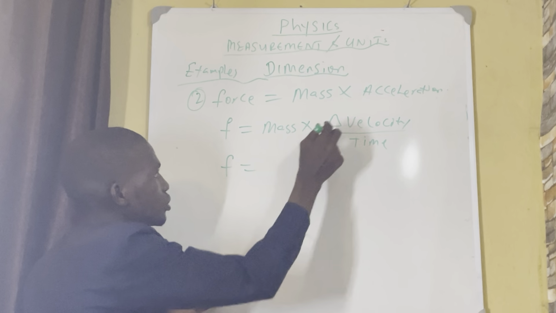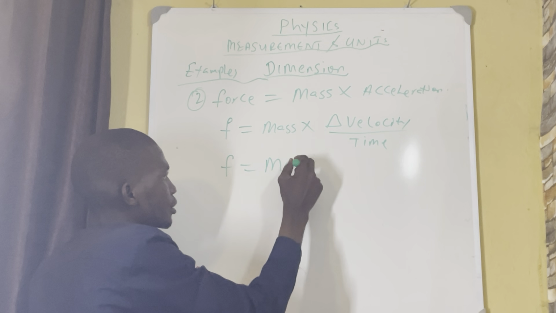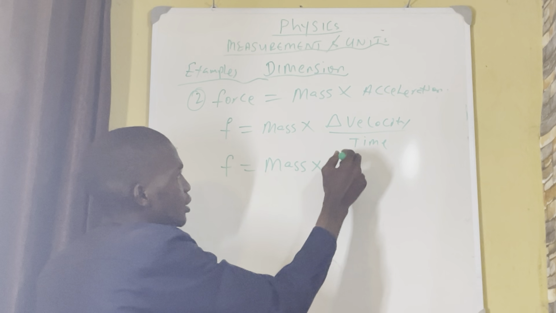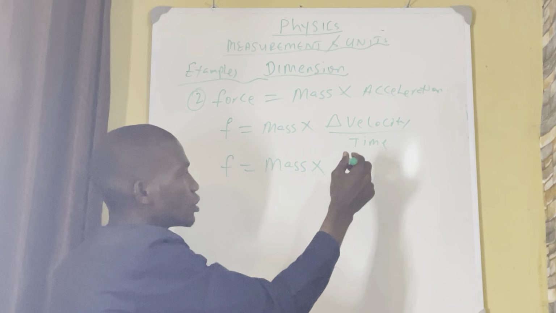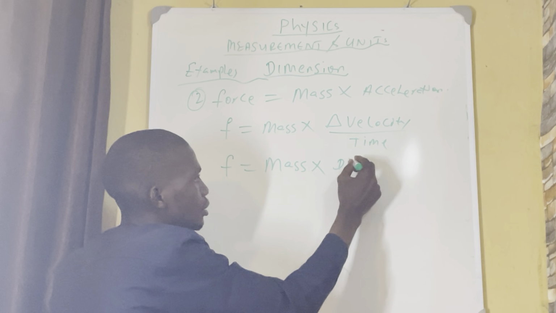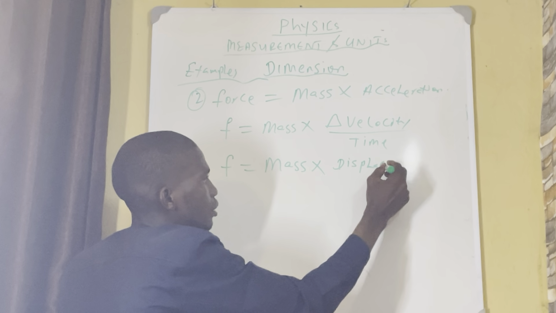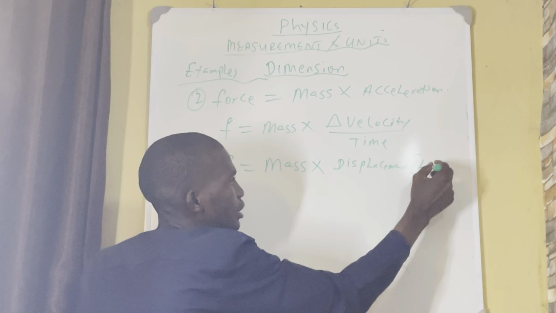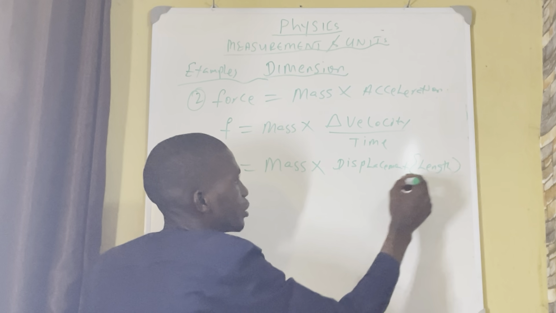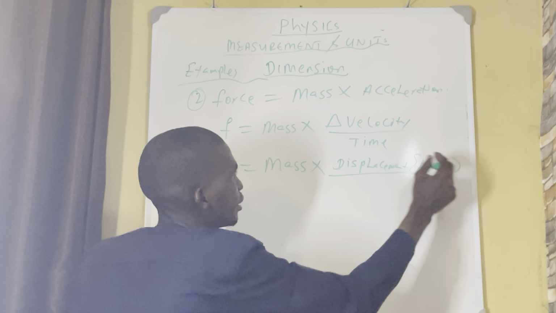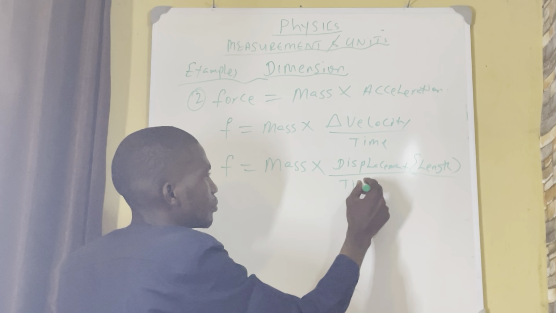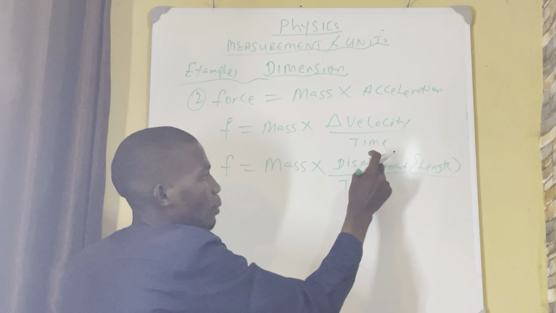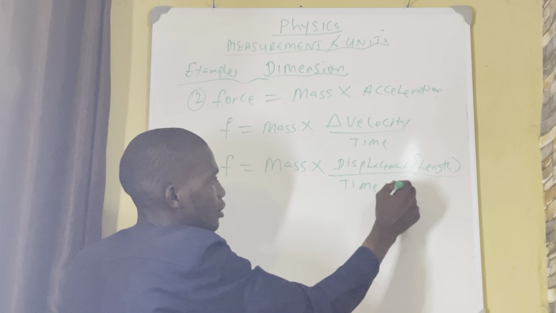Force equals mass multiplied by change in velocity, and what is velocity? Displacement, which is equivalent to length all over the first time, multiplied by the time of the velocity, the second time.